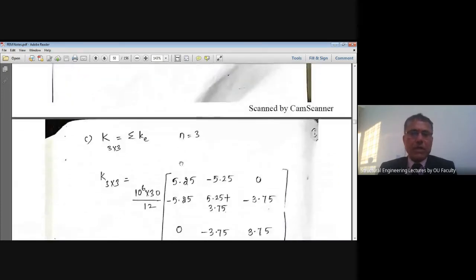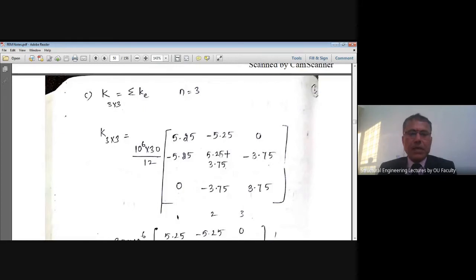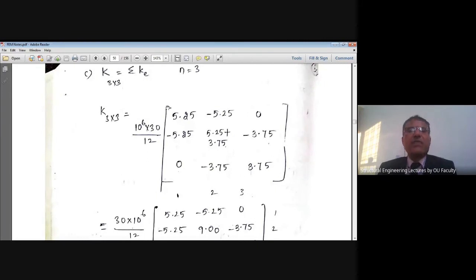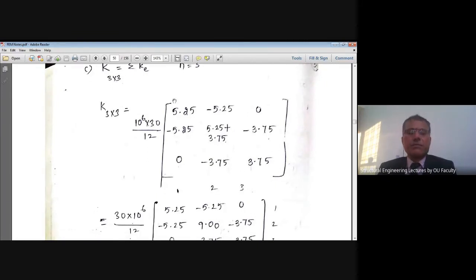I'm doing the same here. I just copied along the first and second in the first row, in the first and second columns, 5.25, minus 5.25, minus 5.25 and 5.25, as the contributions from the element stiffness matrix 1.